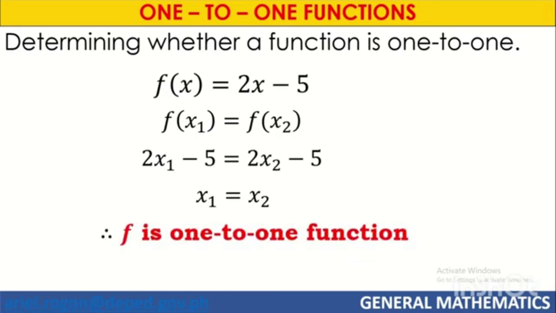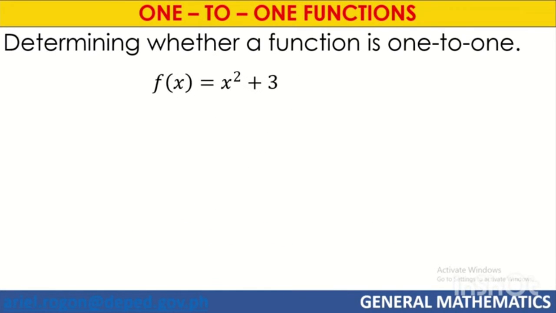So meaning, kapag even numbers yung given dito sa function, which is 2x minus 5, so 2, ang 2 is even number, so the function is one-to-one function. So how about if the function given is odd?